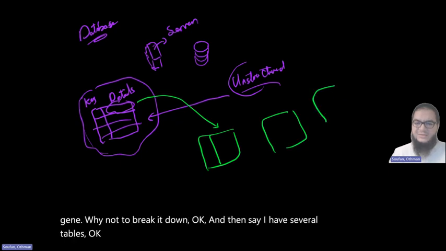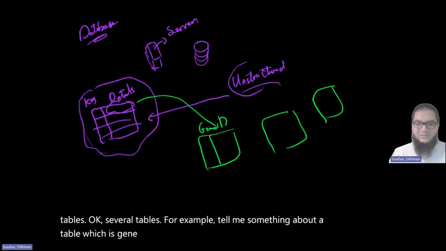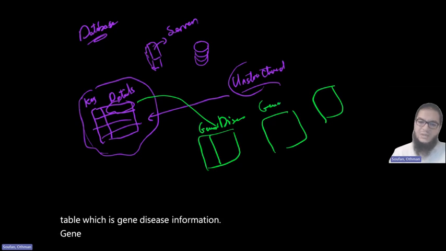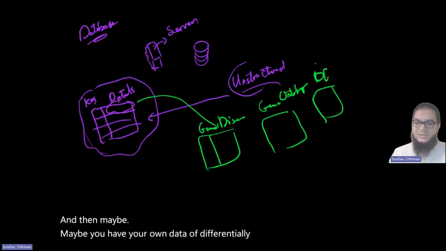For example, a table of gene disease information, gene ontologies, and then maybe you have your own data of differentially expressed genes, DEGs, okay.